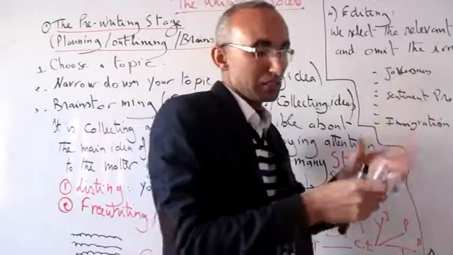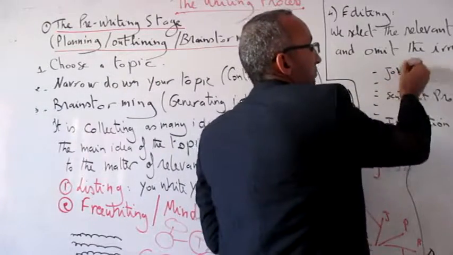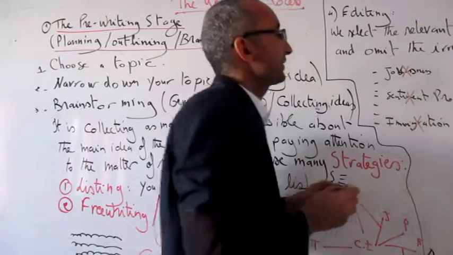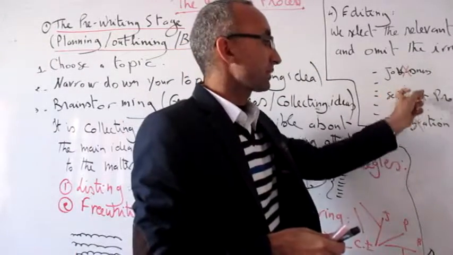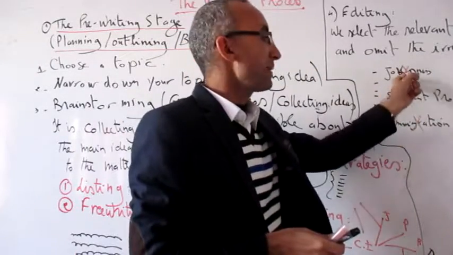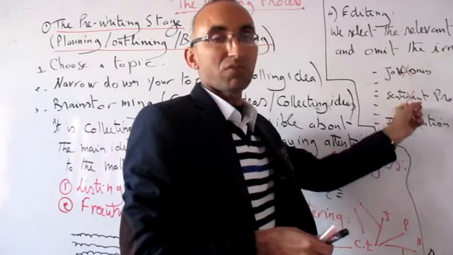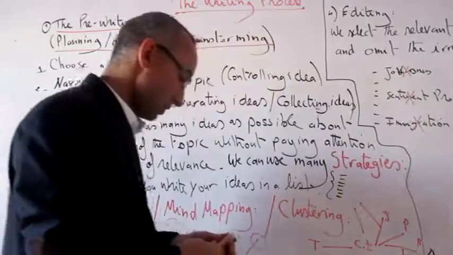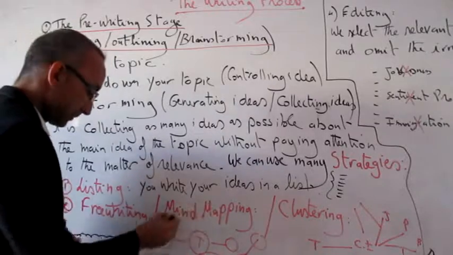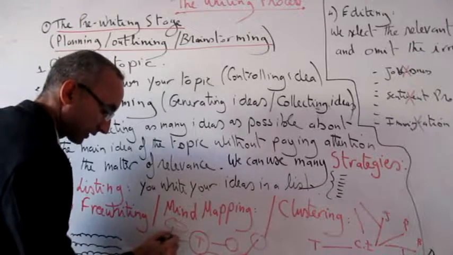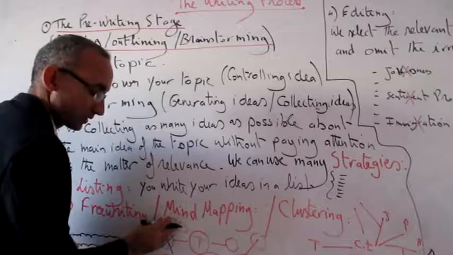I find that irrelevant, so I cross that out, and select these main and relevant ideas of mine from my list or my map, like this. This one, I leave it as it is.